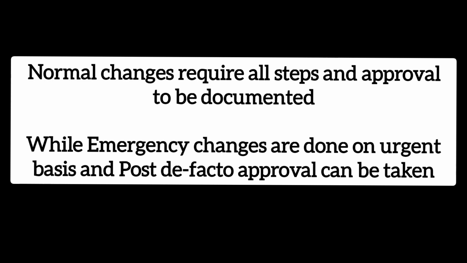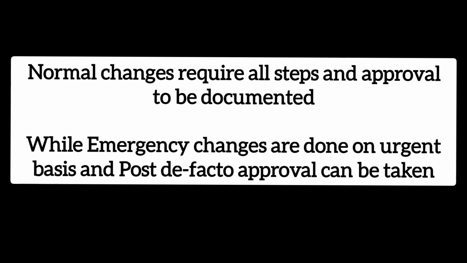While on the other hand, emergency changes do not include all these steps because they are of high priority and need to be introduced as soon as possible. Emergency changes typically represent a crisis or an opportunity that must be addressed without any delay. And emergency changes have high impact and urgency, so that is why we don't have that much time to do all the steps which we discussed.